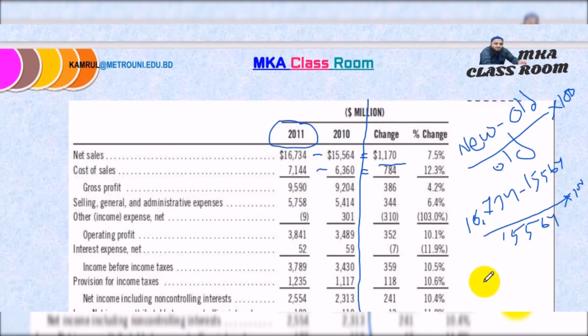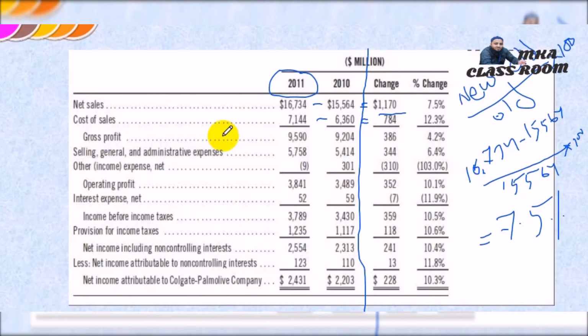Clear? Then you can get 7.5%. So you can calculate this value in this way. All the percentage you can calculate in this way.